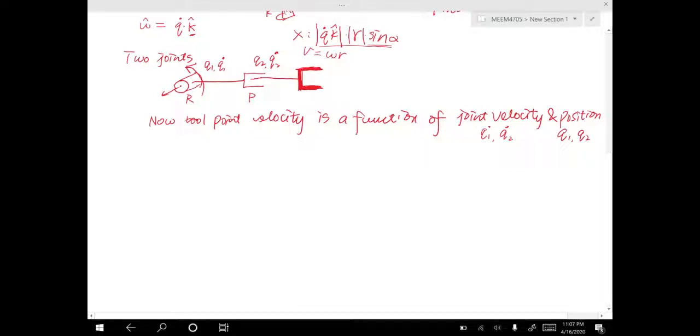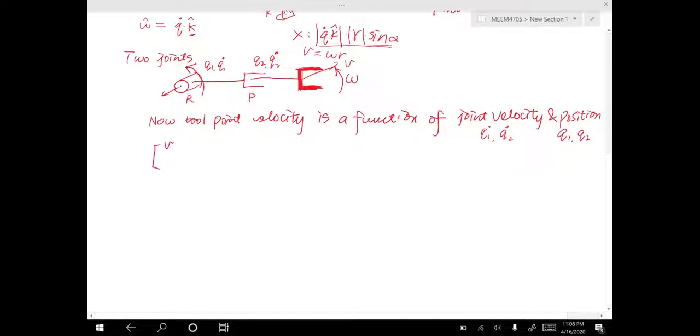If we write it this way, the tool-point velocity means, first of all, it is rotating. Think about a robotic arm in space: your tooling is going to rotate somehow, so there's going to be an angular velocity. Of course you can also do translational motion of the tooling, so there's going to be a linear velocity.